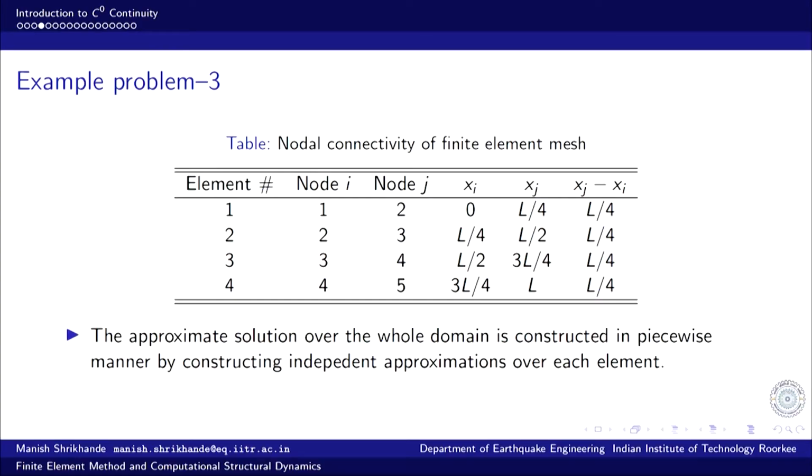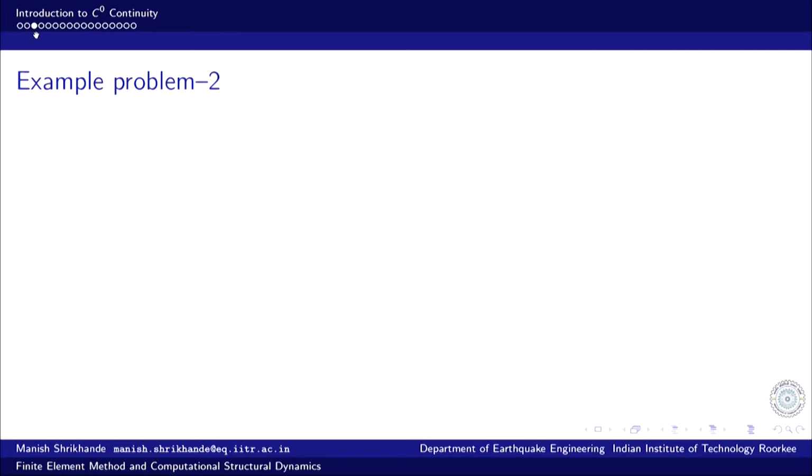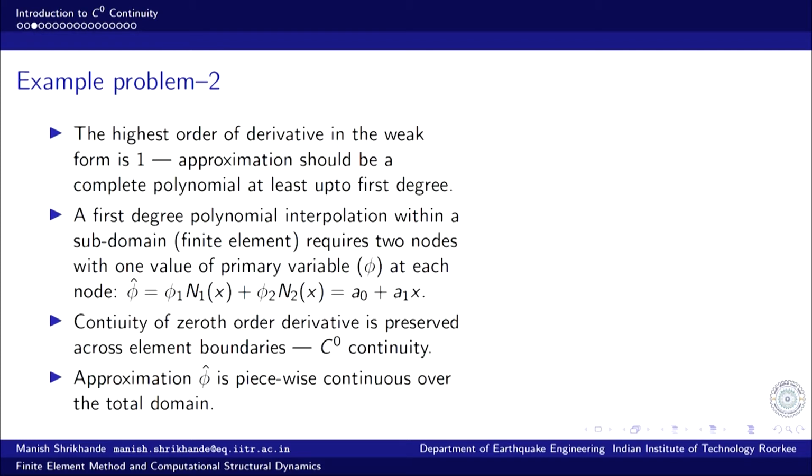And we saw that after we developed the weak form of the domain residual, the highest order term was only of first degree, and therefore only C 0 continuity is needed. Only the primary variable, the basic unknown function of the problem itself, is desired to be continuous, and therefore the 0th order derivative is required to be continuous.